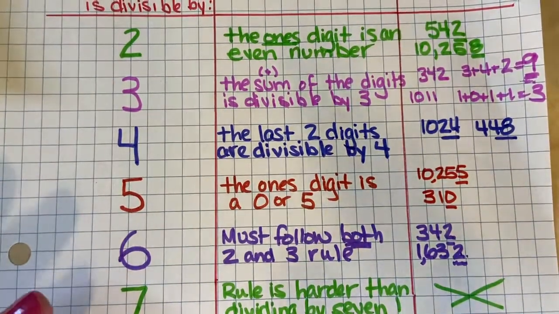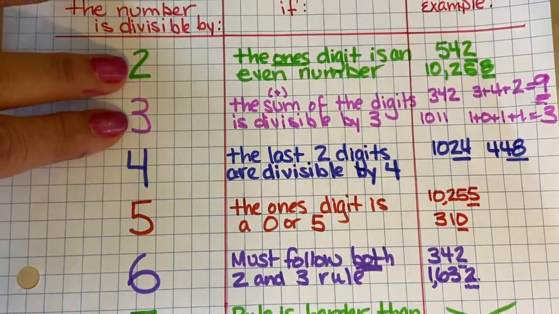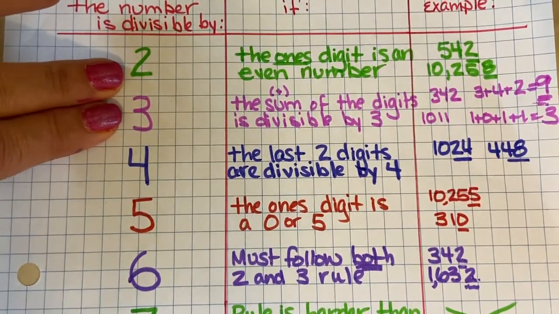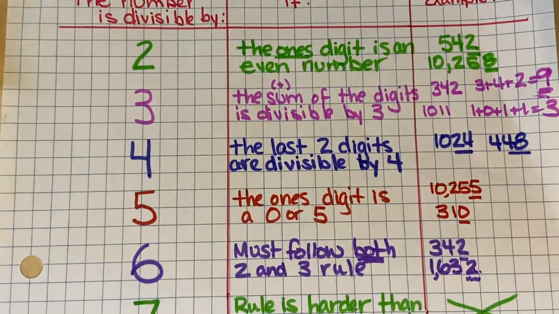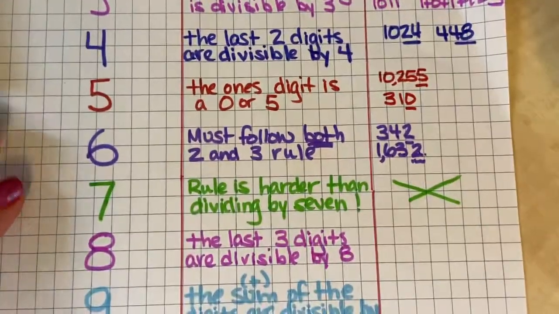So I have to check 2 things on that. And if you think about it, it's easy to remember because 2 times 3 is 6, so if 6 goes into it, it has to fit both of those rules. So if you kind of think back, most of the rules make a lot of sense, even without memorizing them.